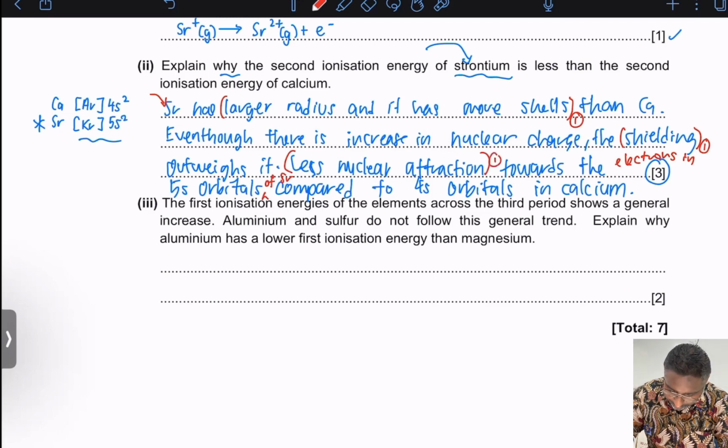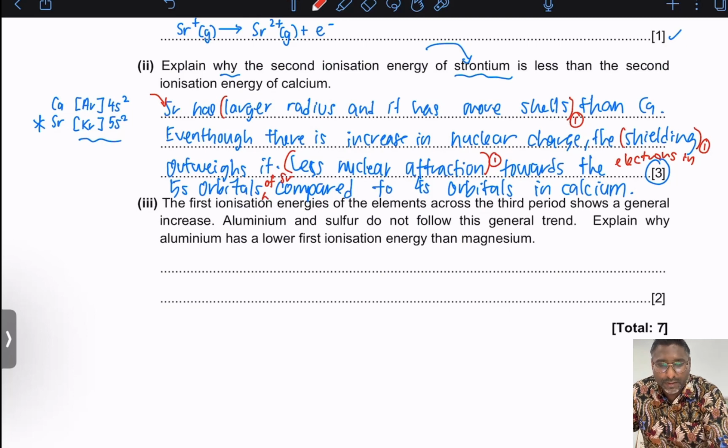So please remember the points you need to mention: radius, shielding, and related to shielding, that it will outweigh the increase in nuclear charge and the increase in distance, and then you talk about nuclear attraction. These 3 points are very important.